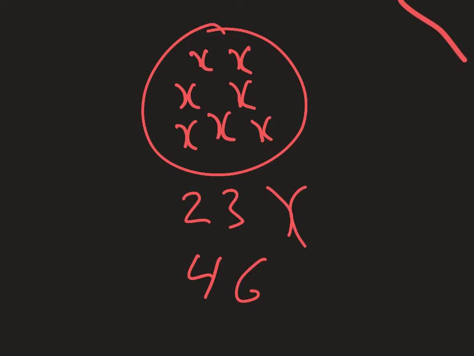If a cell starts with 23 chromosomes and it splits, how can the daughter cells have 23 chromosomes as well? Well, remember in mitosis we talked about they double? Or they duplicate? They duplicate so that when they split, each one gets half of those. So they still end up with 23 pairs.